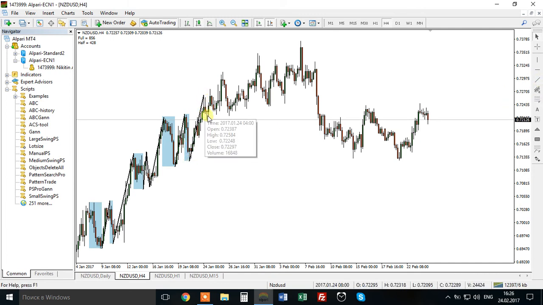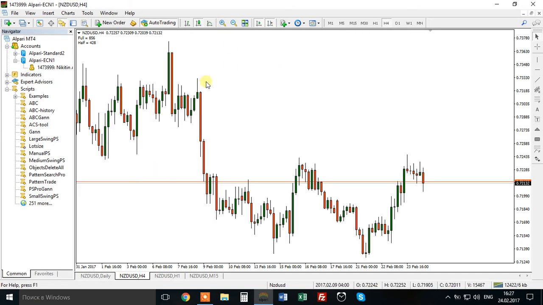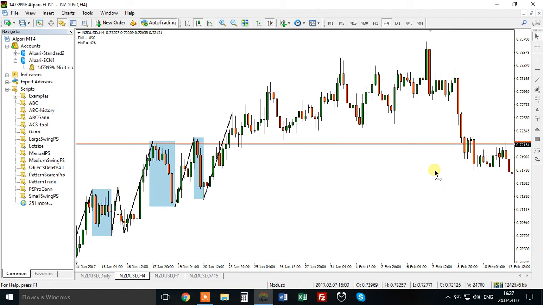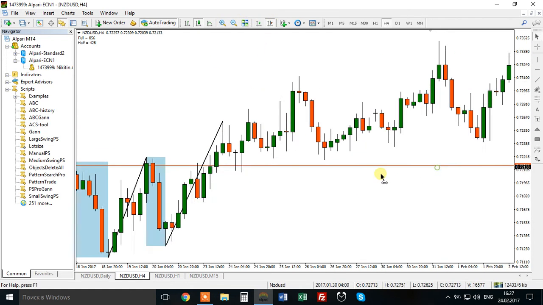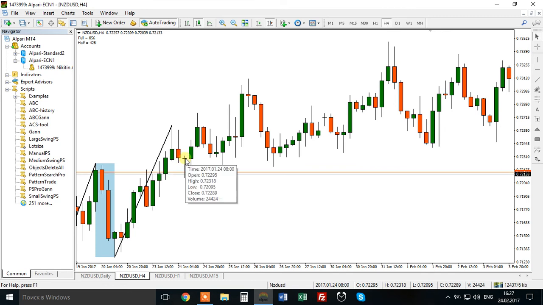Okay, let's first calculate this. The close says 72.289 and the open says 72.295. So this is a red candle. If I zoom it in, maybe now it is green.